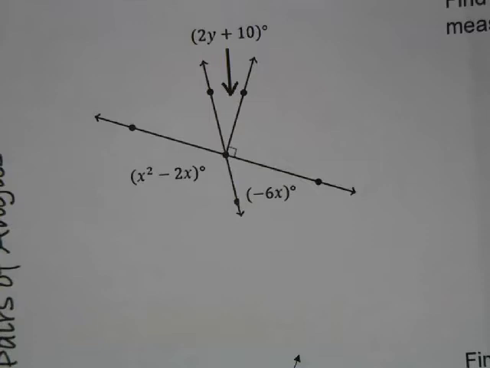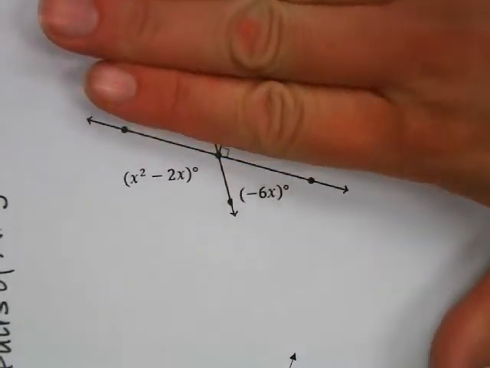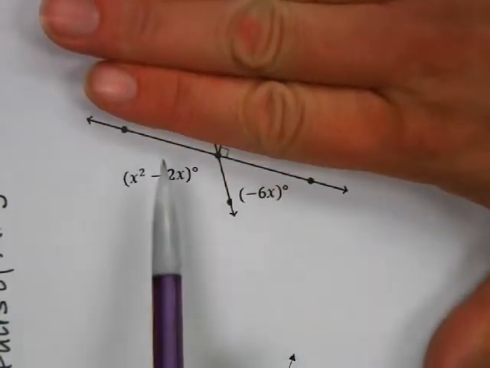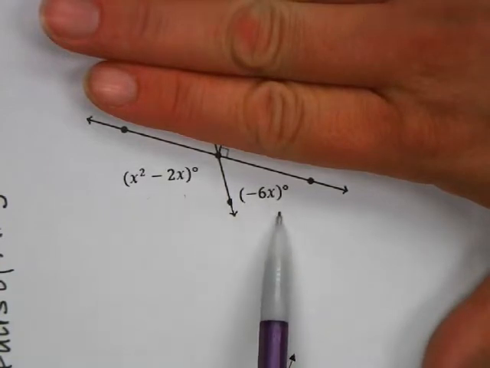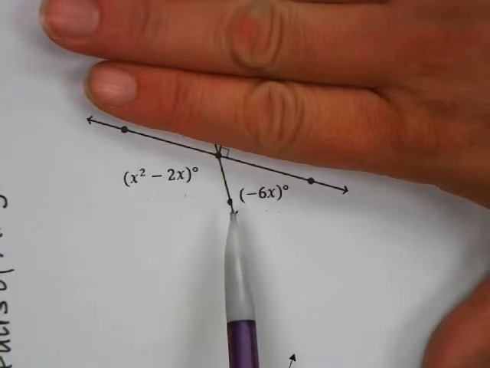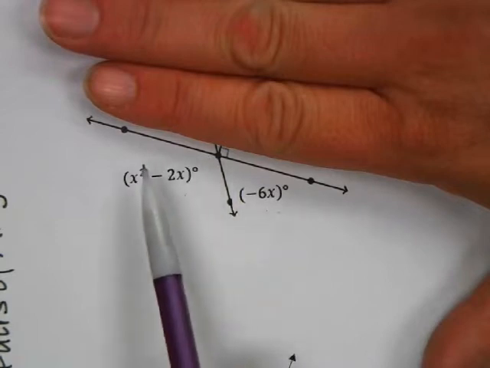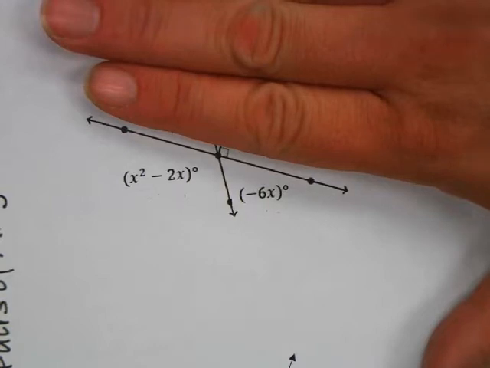So looking at this diagram, you can identify a linear pair. So just covering up part of this diagram, you'll see two angles, this x squared minus 2x and negative 6x. Those angles are a linear pair. They're adjacent because they share a common side, and they're supplementary because they're going to add up to 180 degrees.